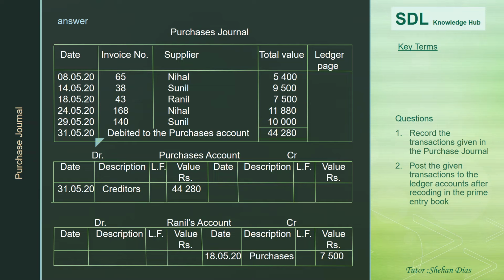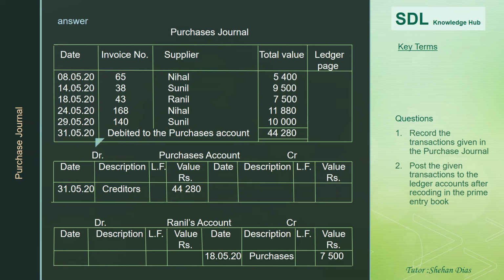When you deduct the discount you get 11,880. This is the value that is recorded in the purchase journal. And finally, Sunil, 20 calculators at 500 each, which is 10,000. So you add up the values in the purchase journal, and the total comes to 44,280. Then we can post this to the ledger accounts.